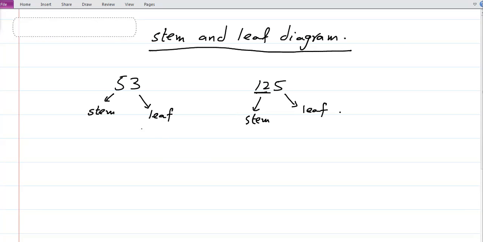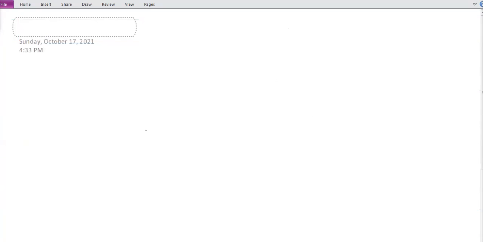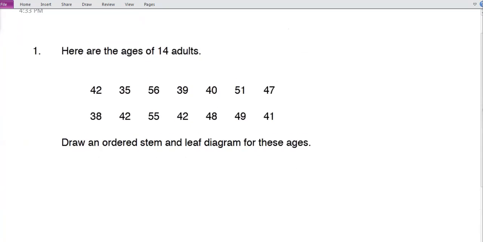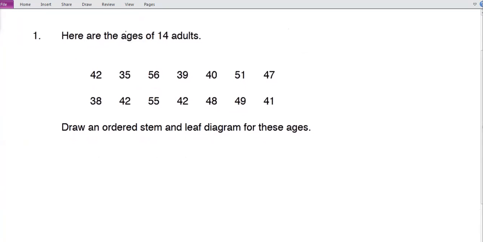How do we make a stem and leaf diagram? Let's have a look at this example. A data is given and you are asked to draw an ordered stem and leaf diagram for these ages. 14 adults are in total.